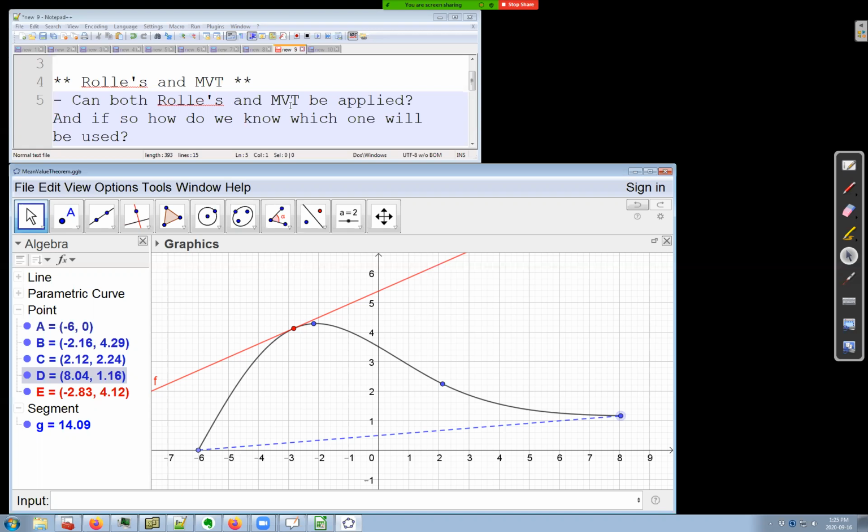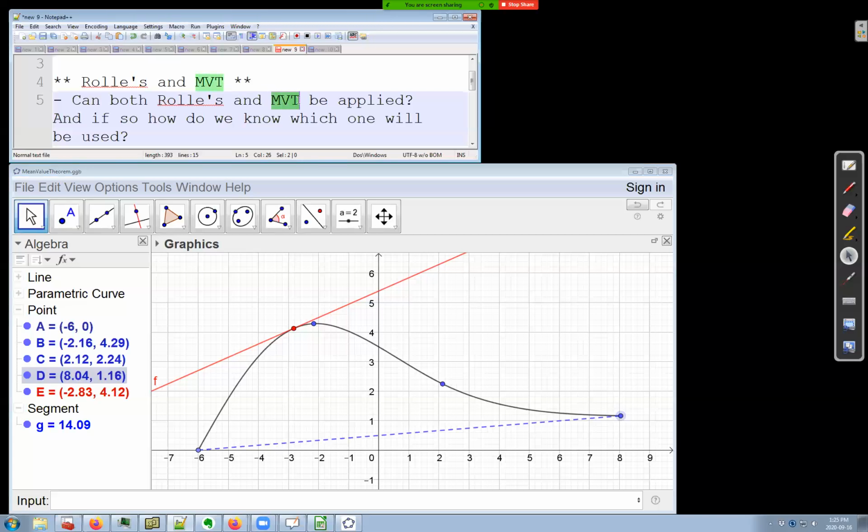The simplest way to think about it is you actually never need Rolle's theorem. The mean value theorem is like an improved version of Rolle's theorem. That's really the honest way to think about it.